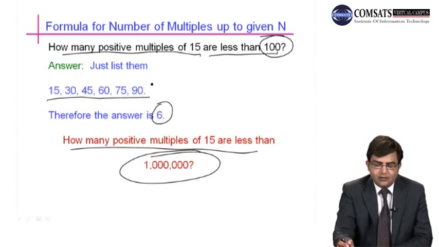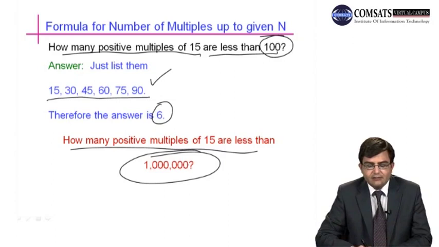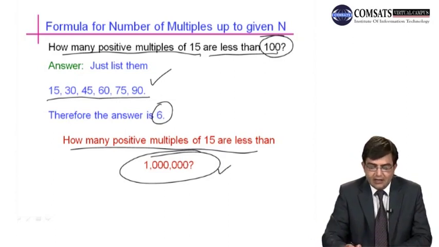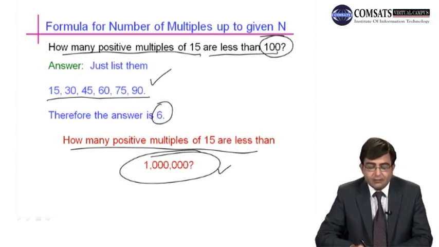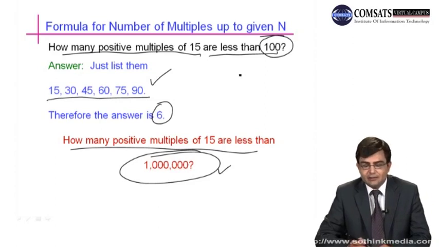If we start listing the multiples of 15, it will take a long time. So we need to develop some algorithm or method by which we can simply find the multiples of some number which are less than some other number.